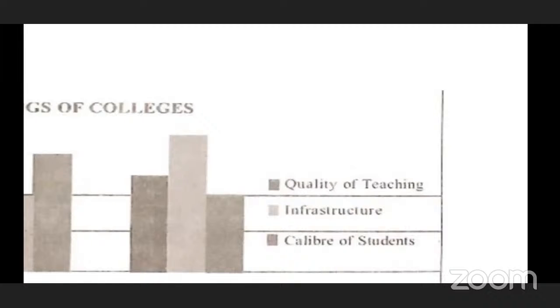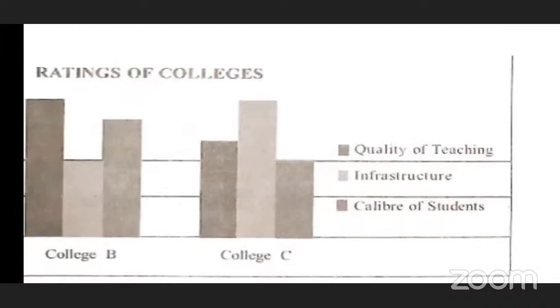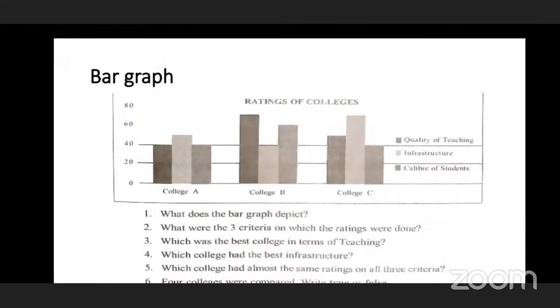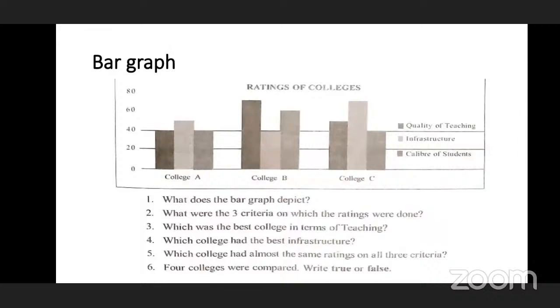That means talent of students, knowledge of students is also considered as one of the criteria in order to give rating to the colleges. So here 3 colleges have been chosen in a town, and the 3 colleges were given rating for the 3 criteria.